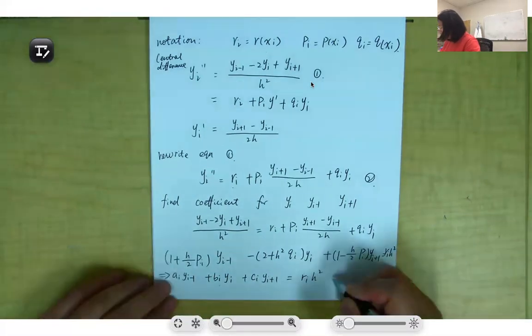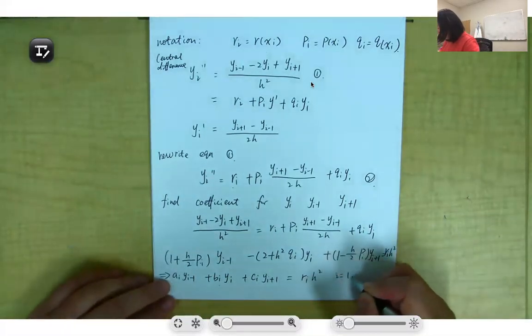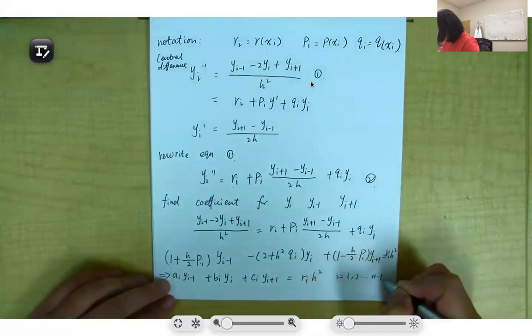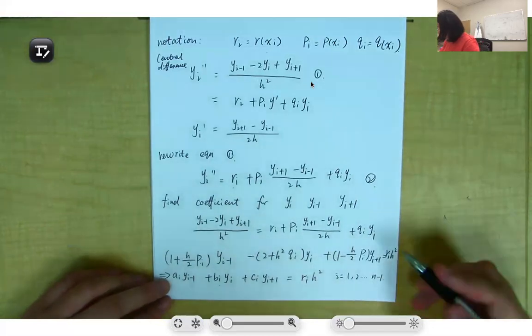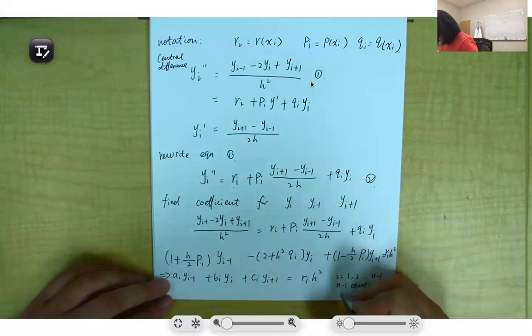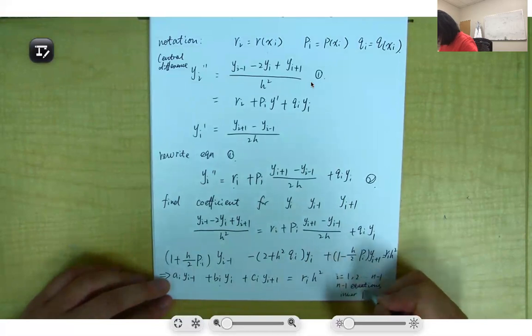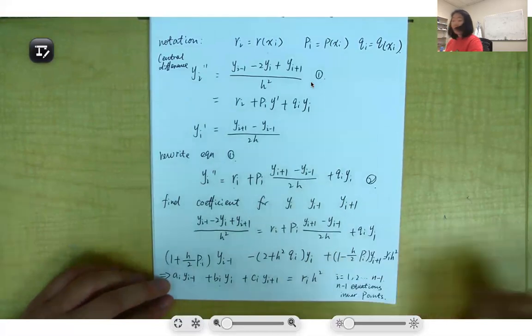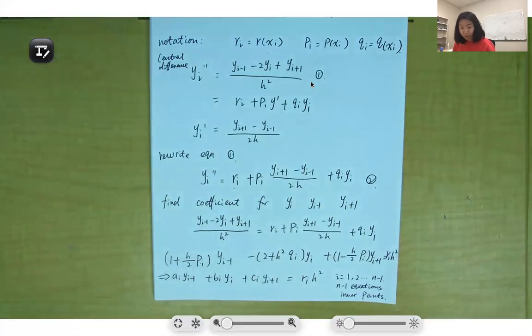And i will be equal to 1, 2, until n minus 1, for the n minus 1 equations, which represent the inner points. Because the boundary points we will treat differently.